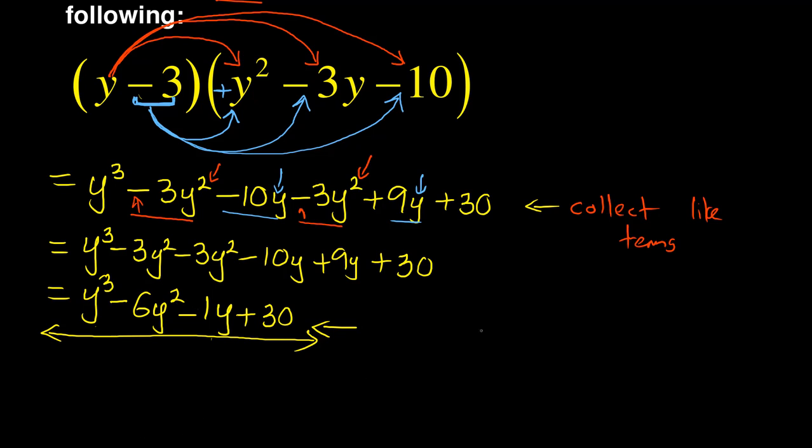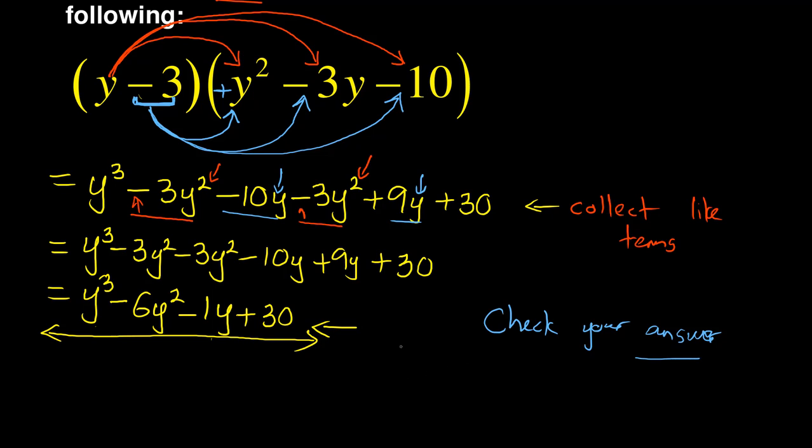Now, for interest's sake, you might say, I want to check my answer. If you want to check your answer, there's a small trick that I usually use to check if I did my expansion well.